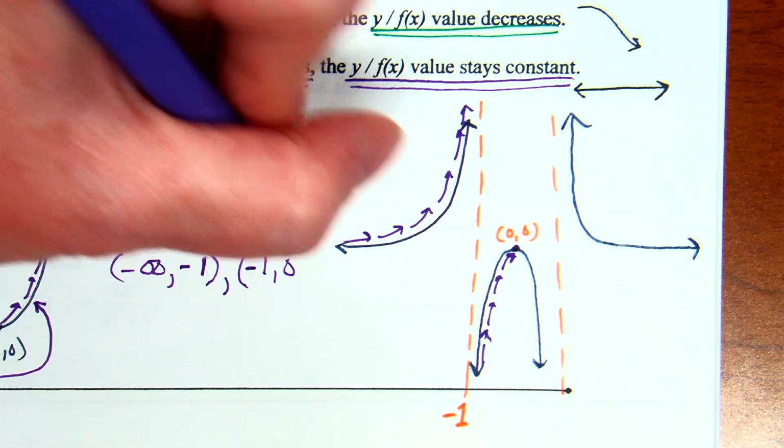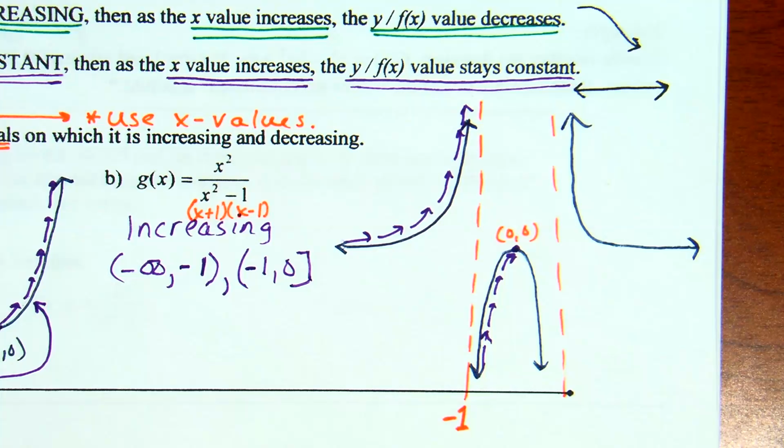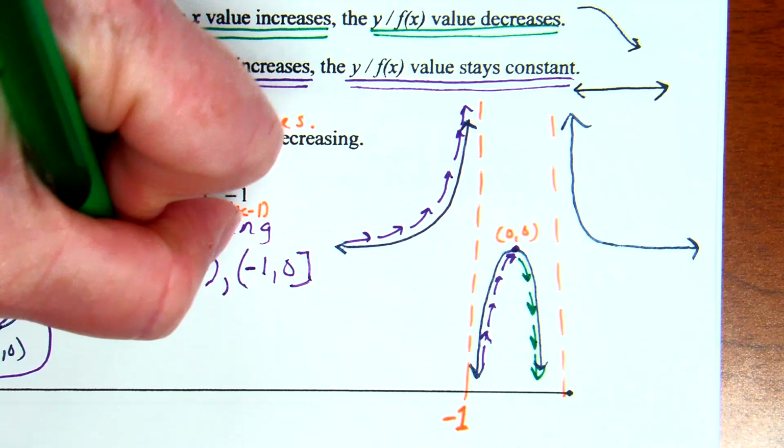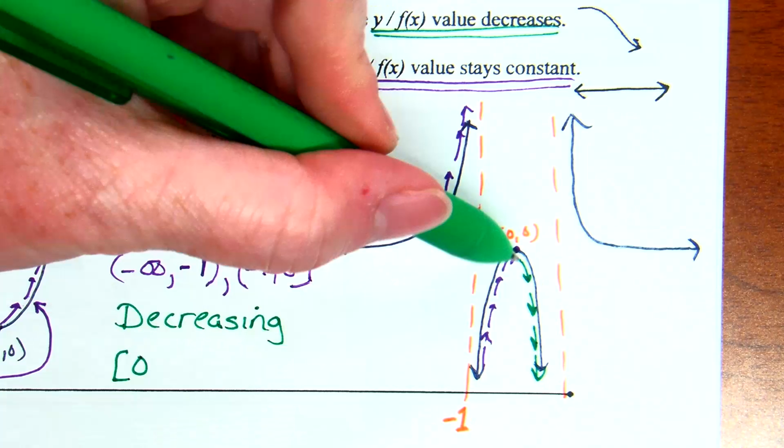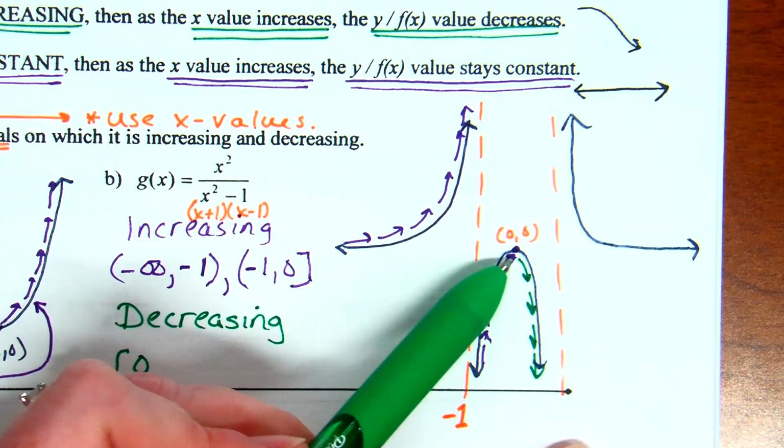What happens after we go through 0, 0? We're now going down. So now I have a decreasing interval. Where did we start decreasing? That top point of 0, 0, so the x value of 0. When does this interval stop decreasing? Along that asymptote of positive 1 this time.